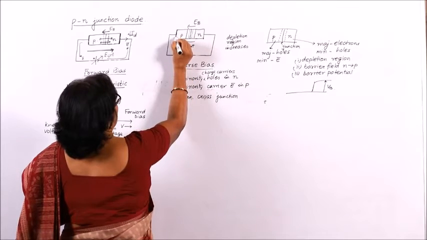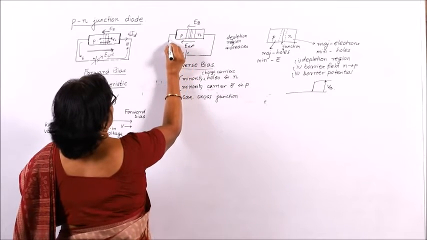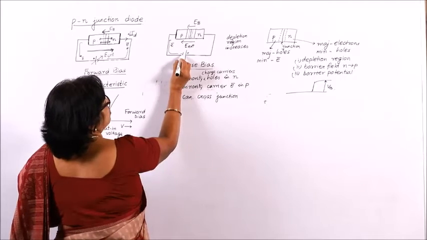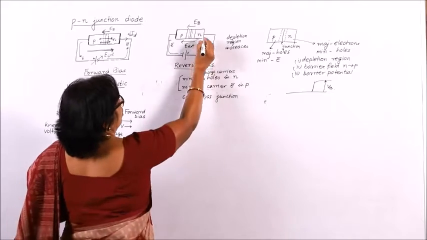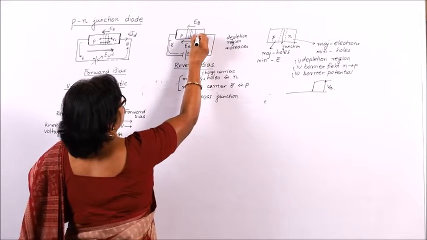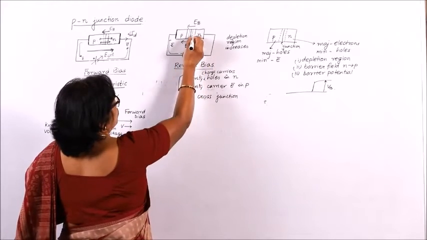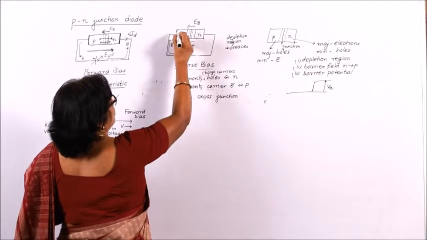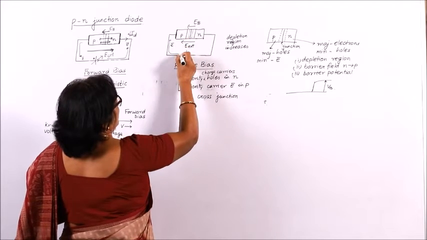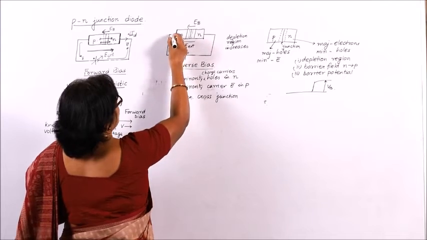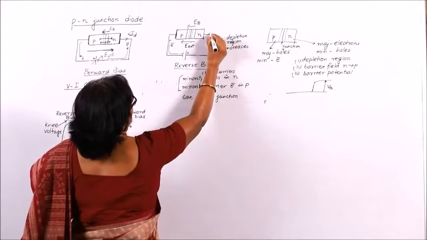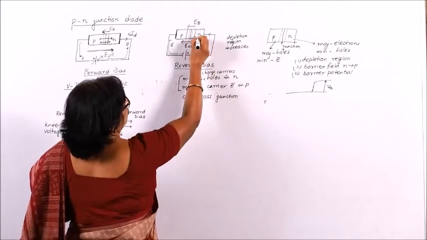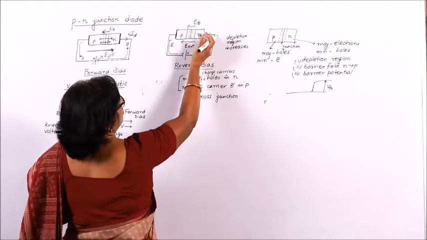Some electrons will be provided by the external circuit, the external voltage source providing some electrons to P. In other words, the electrons will move in this manner from here to here, which means there will be a current in the opposite direction. So, the current in the circuit will be in this manner, because holes are moving from right to left.